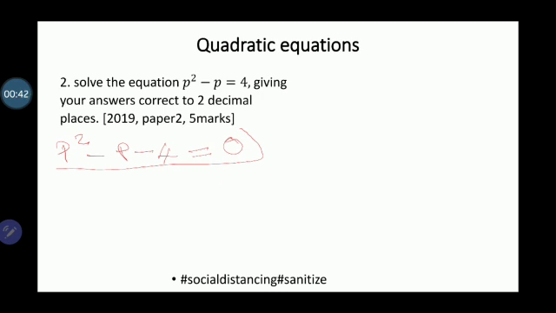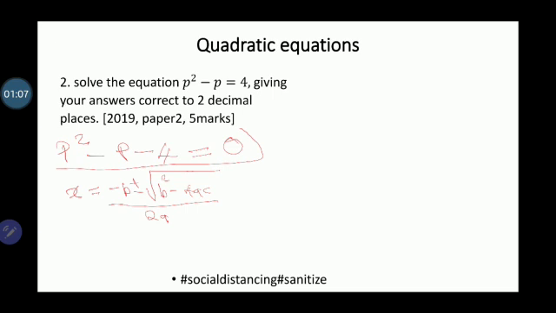You're finding the x's. So straight away you get your equation from the cover page. It's going to be x is equal to minus b plus or minus square root b squared minus 4ac over 2a.